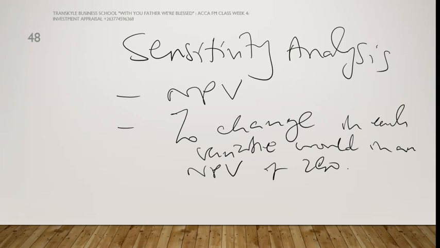What change should occur in one variable or in another variable for the NPV of the whole project to become 0.